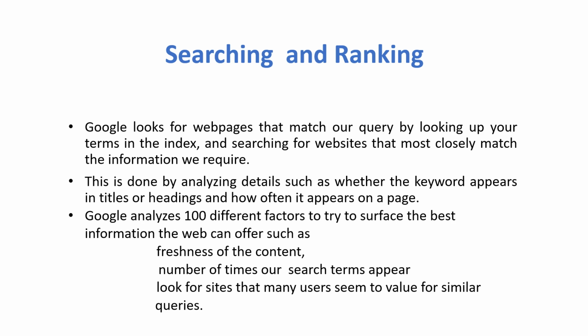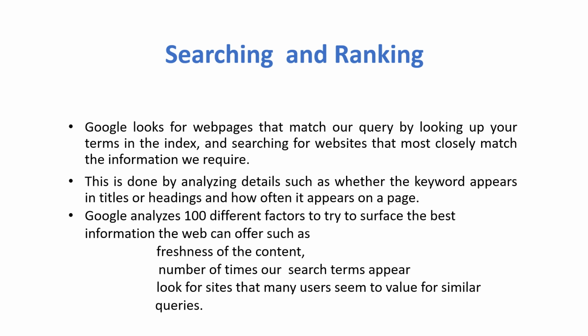There are so many factors Google takes care of. One factor is that it searches for the titles, and whether the query word posted by the user is present in the title or heading. It also checks whether the content retrieved is fresh or not. If it is very old content, it may not get a good rank.